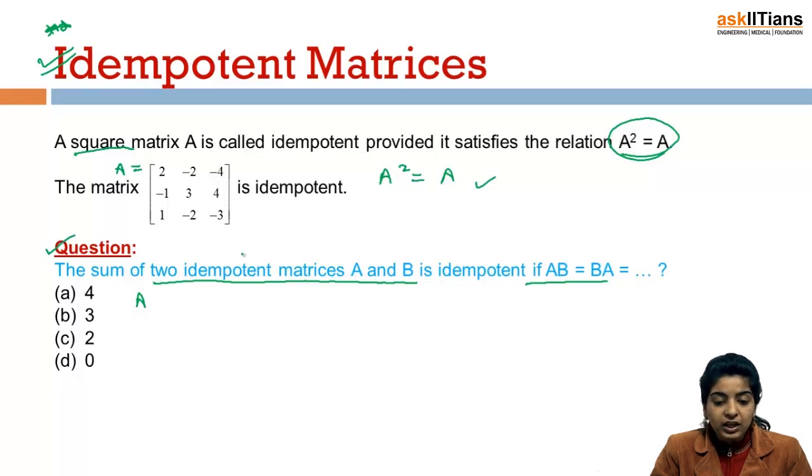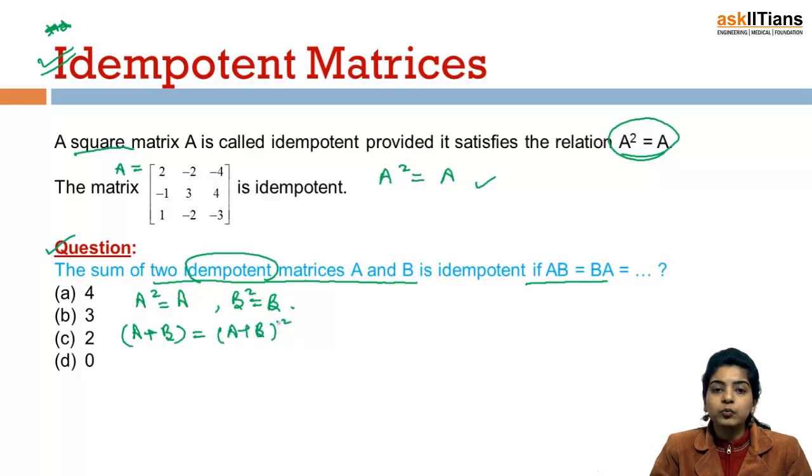It is given that A and B are idempotent. So I write down A square equal to A and B square equal to B. Now we need to prove A plus B is equal to A plus B whole square. In order to prove A plus B is idempotent, we need to prove the square of that matrix is equal to the matrix itself. So I need to prove this.